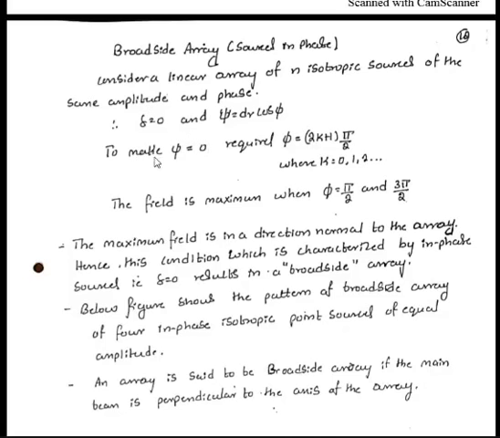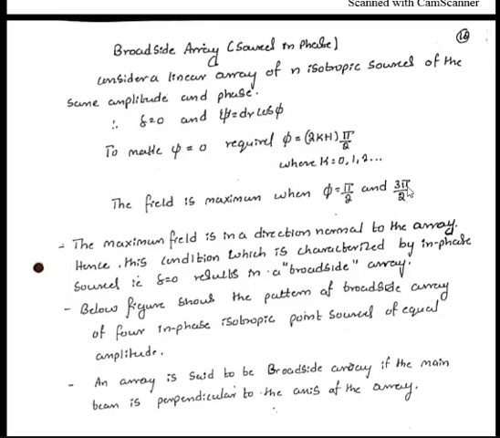Now, if I want psi equal to 0, the requirement is phi equal to (2k plus 1) pi by 2. If you put k equal to 0, 1, 2, 3, you will have phi equal to pi by 2 or phi equal to 3 pi by 2.